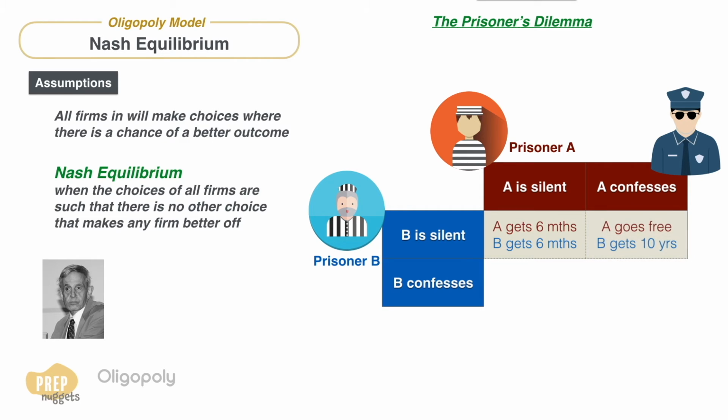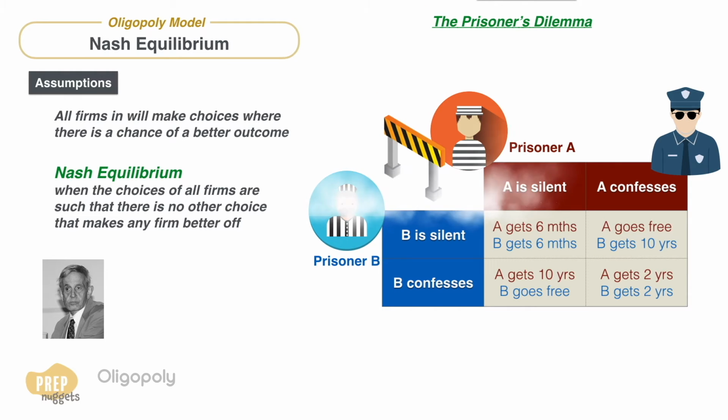If A confesses and B remains silent, A goes free and B receives a 10-year prison sentence. If B confesses and A remains silent, B goes free and A receives a 10-year prison sentence. If both prisoners confess, each will receive a 2-year sentence.